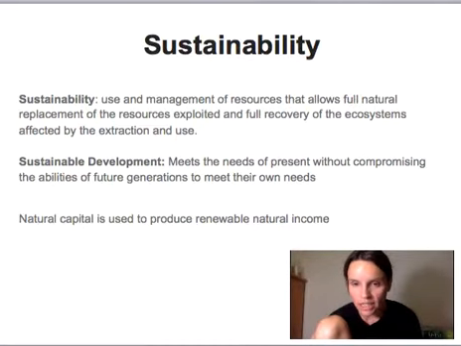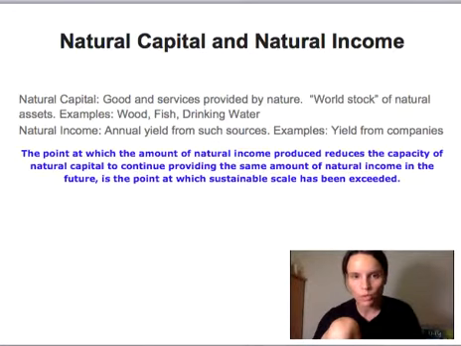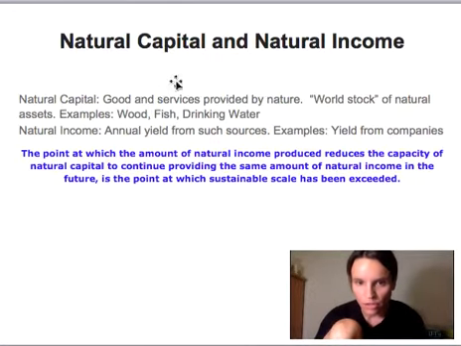When we look at our resource use, we talk about two things. We talk about natural capital and we talk about natural income. And the next slide has a little bit more information on both of those concepts. So when we look at natural capital, those are the goods and services that are provided by nature.